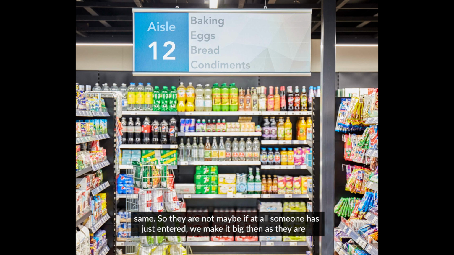They are not the same, maybe, if I told someone has just entered, we make it big. Then as they are entering other levels, we make the signs small. Why would we do that? Because we think these users would have learned what they are going through, which is wrong.